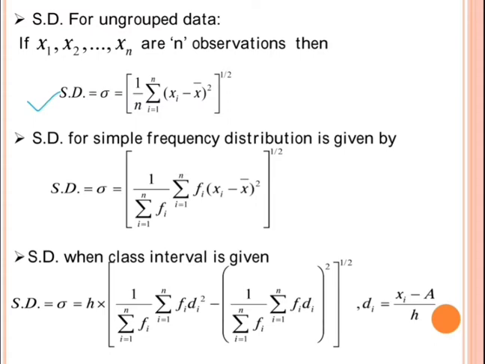Second, standard deviation for a simple frequency distribution is given by sigma equal to (1 upon sigma fi into summation i equal to 1 to n of fi into (xi minus x bar) whole square) raised to 1 by 2.